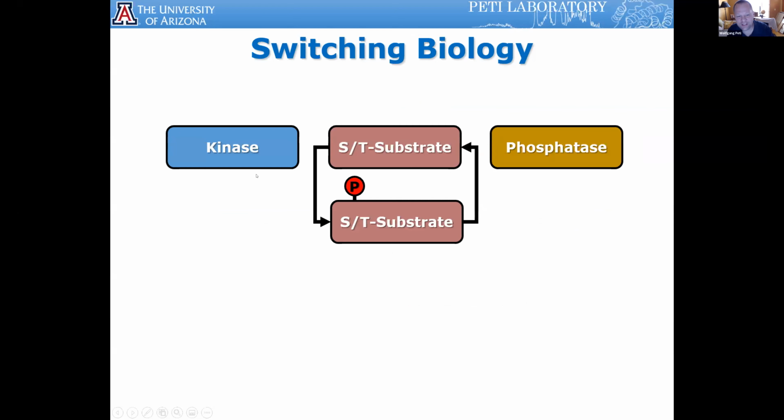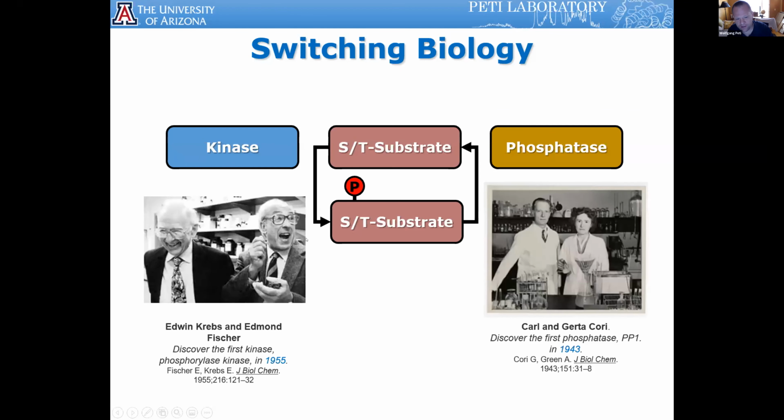I told you about kinases and phosphatases, where the kinase is the much more prominent enzyme that we know allows phosphorylation to happen, and the phosphatase is much less well known. Both areas have been studied for a very long time.